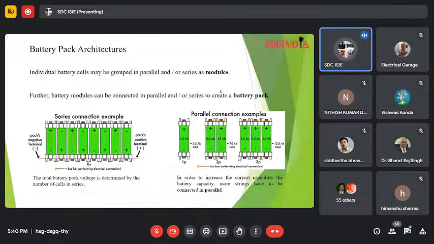So battery pack architecture. What is battery pack architecture? It is nothing but whenever we connect the cells in parallel or series, it forms the module.